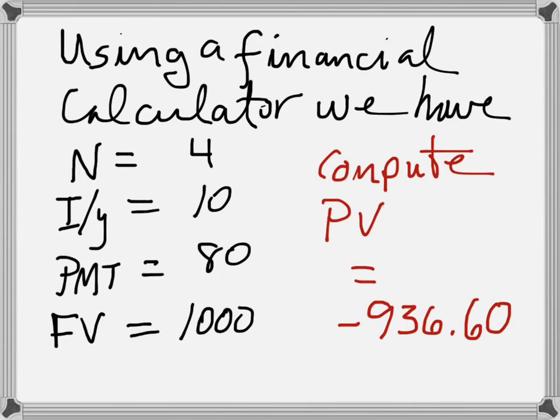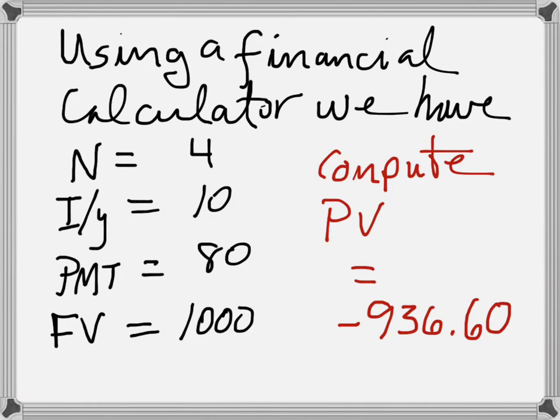So I'm going to use a financial calculator. You can use a financial calculator, you can use a formula method, whatever you want to do is fine with me. So we're going to use a financial calculator. I'm using the Texas Instruments BA II Plus Professional. And so it's going to want some inputs.